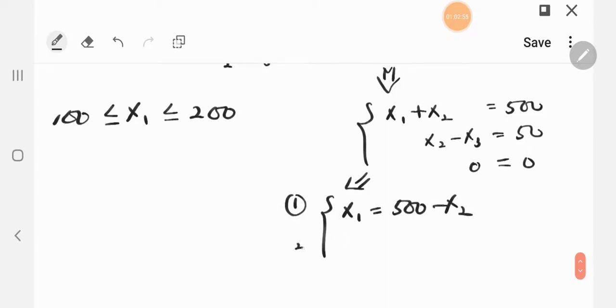So x2 will be 500 minus x1, because x1 is given from 100 to 200. So we find x2 from the first equation, and from the second equation, let's find x3. So x3 will be x2 minus 50.